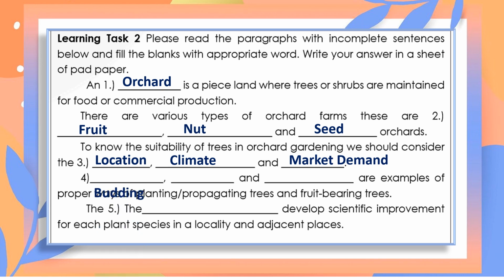Next, we have budding, grafting, and marketing. So those are the proper ways of planting or propagating trees and fruit-bearing trees. And the last one, we have the Bureau of Plant Industry. So they develop scientific improvement for each plant species.